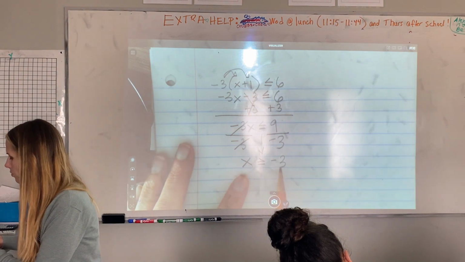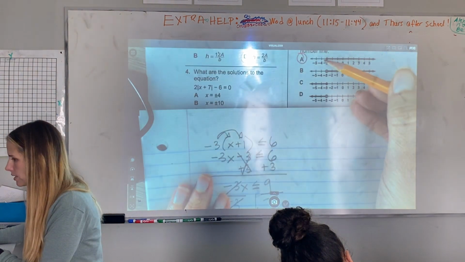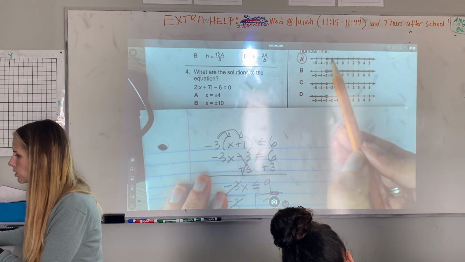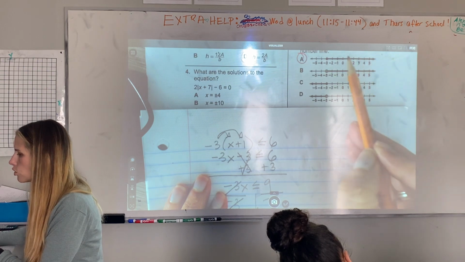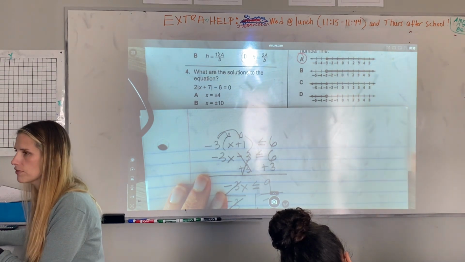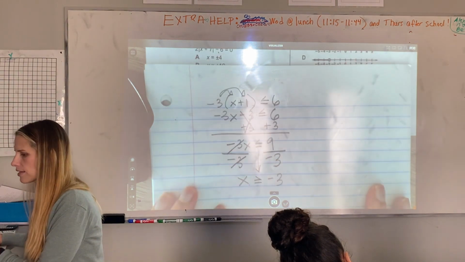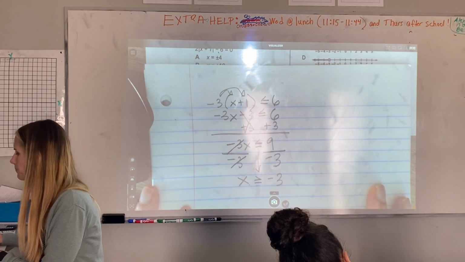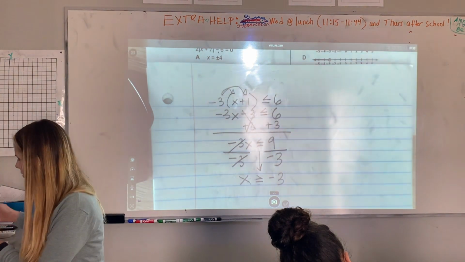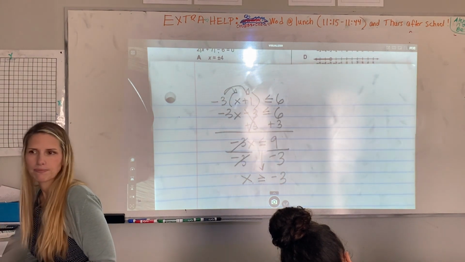The -3 has to be included, which is why we have a solid circle, and then we include all of the values that are greater than -3, higher than -3, bigger than -3, however you want to say it. Does that answer your question? All right, I'm going to make little notes of which problems we do so I can label it in the video. Okay, next question.